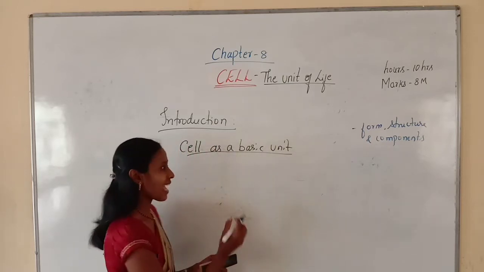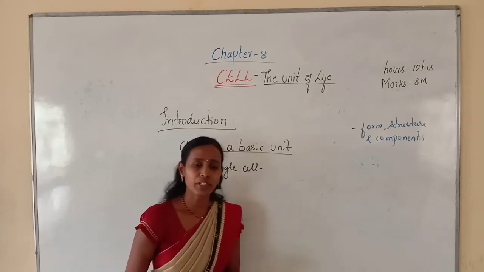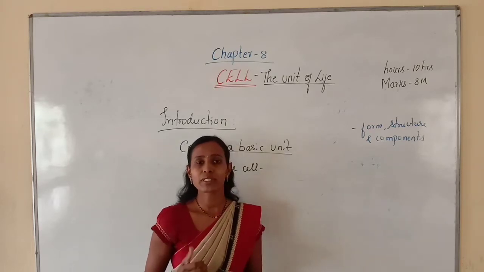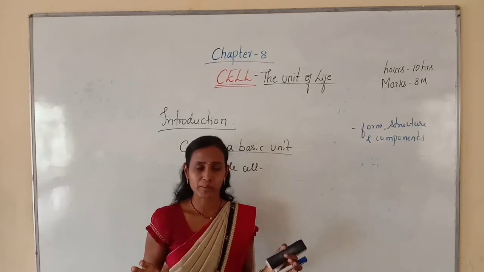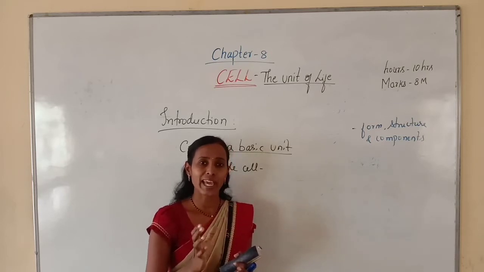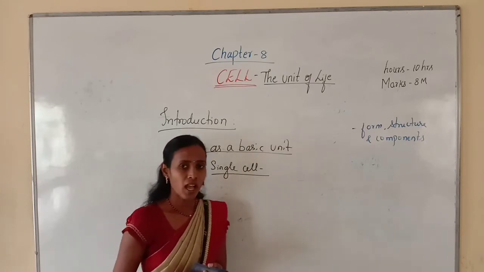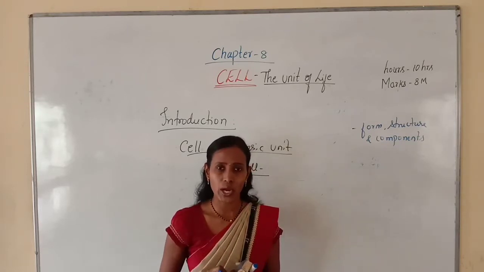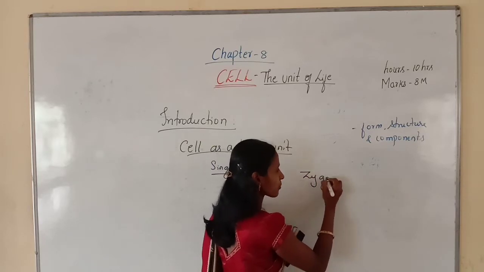And you know, all life begins as a single cell. Even our life started from a single cell. Not only our life, all living organisms present on the earth started their life as a single cell. How is it a single cell? When we study the life cycle of any living organism, you will come to know the zygote stage.